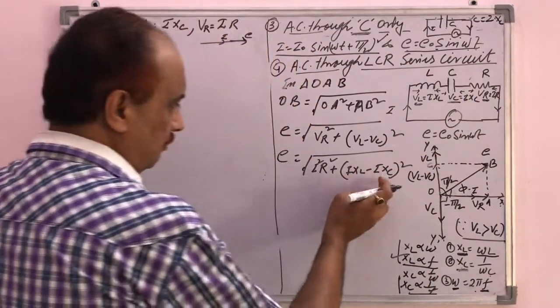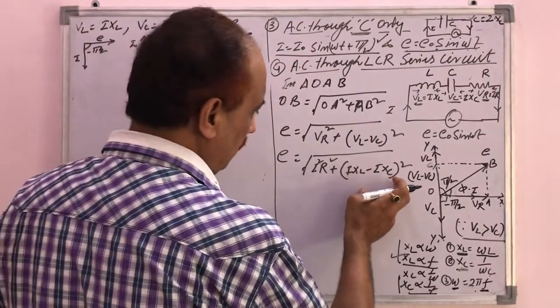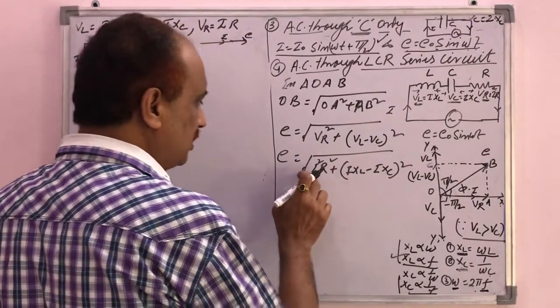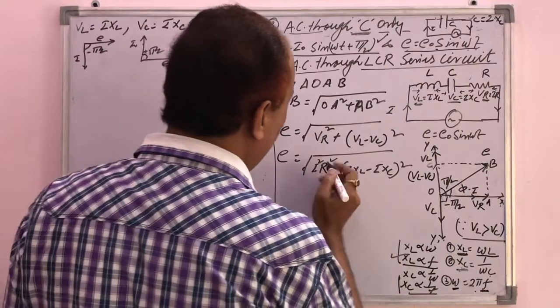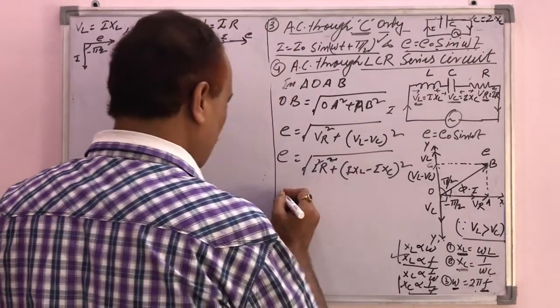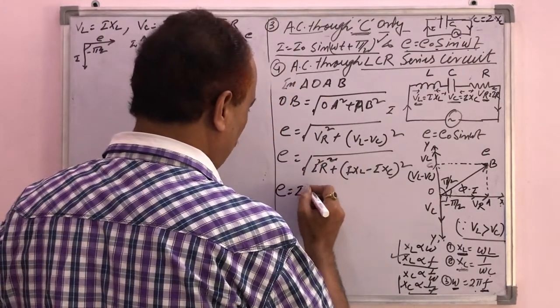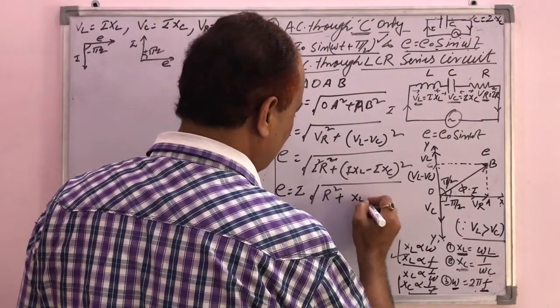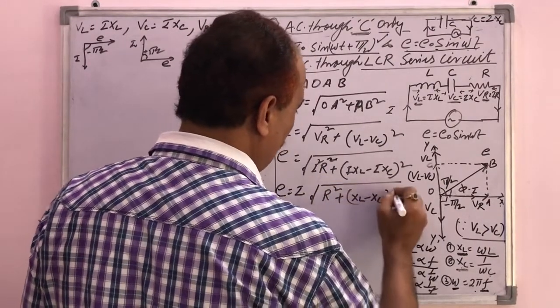When we solve that square bracket, I square is taken common. Similarly, here is I square. We can write the I square out of this square root, that will be equal to I. So E equal to I square root of R square plus (XL minus XC) whole square.